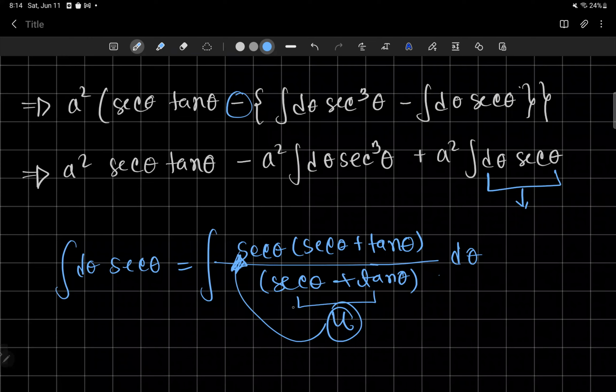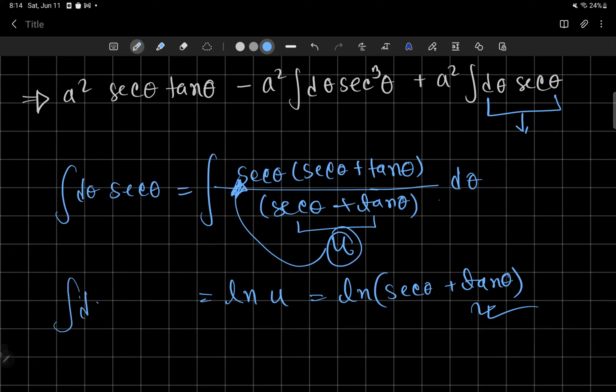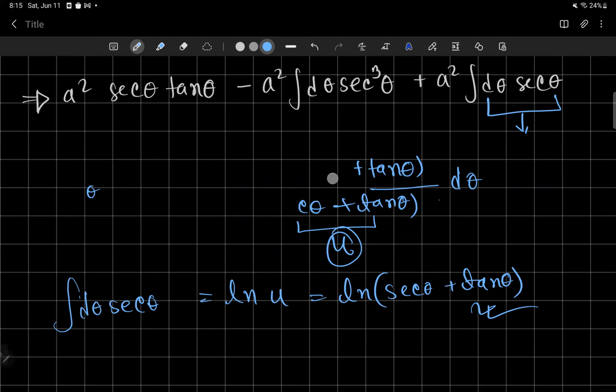So if you substitute the denominator as u, the numerator is just du. So in return, you will have ln of u, but u was what? Sec theta plus tan theta. So the integration of sec theta is just ln of sec plus tan. That's it. So this guy is doable.